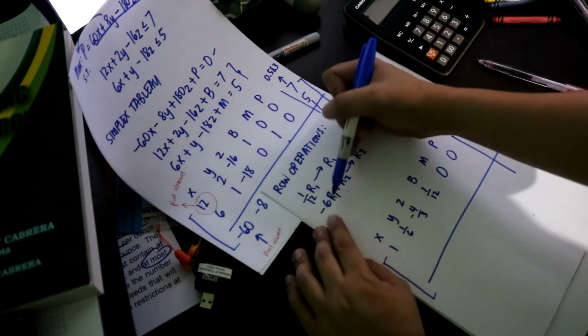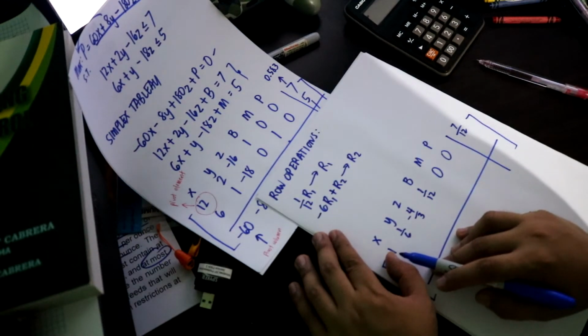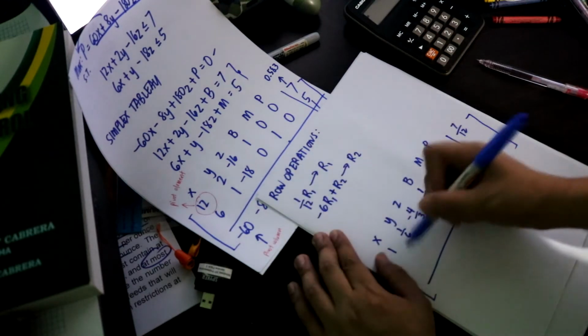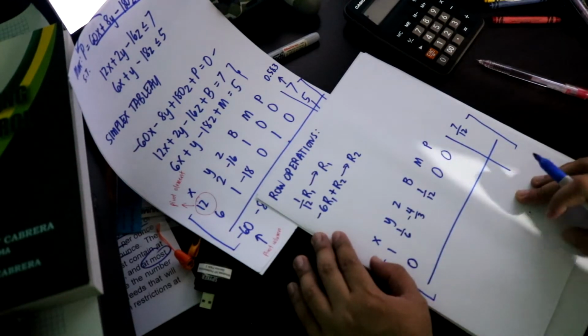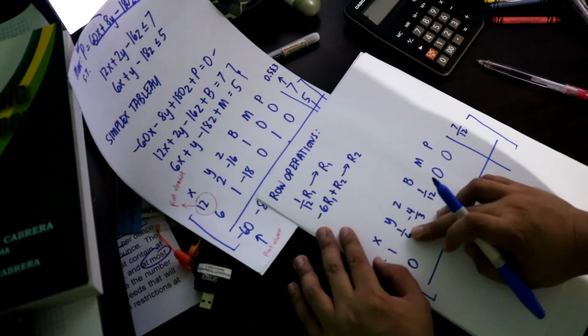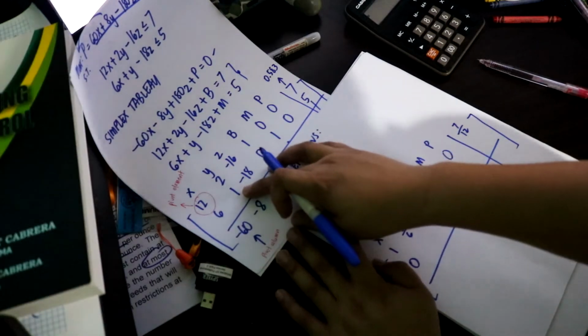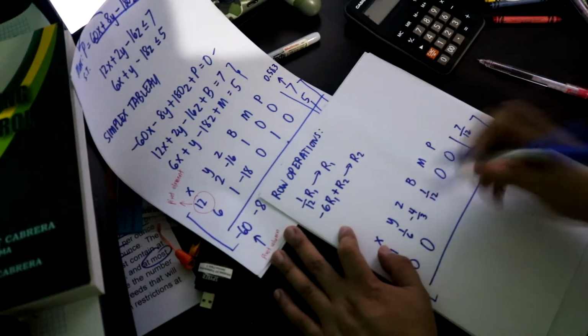Negative 6 times 1 would be negative 6 plus 6, 0. Negative 6 times 1 over 6, that would be negative 1, plus 1 would be 0.